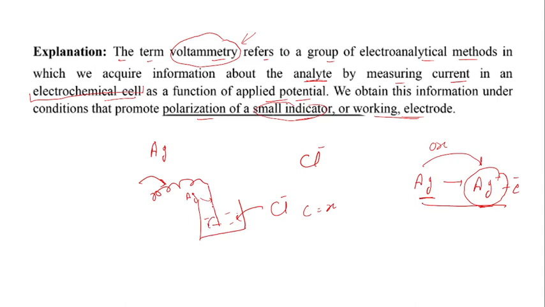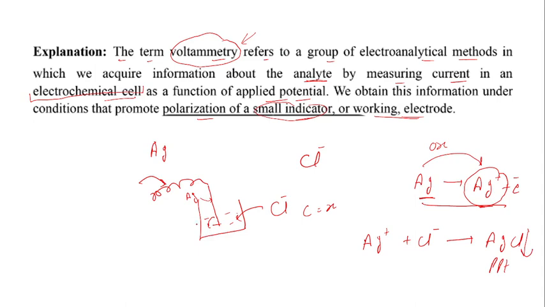But the solution also contains chloride ion, so this Ag plus ion reacts with chloride ion and makes AgCl precipitate, and it settles down.